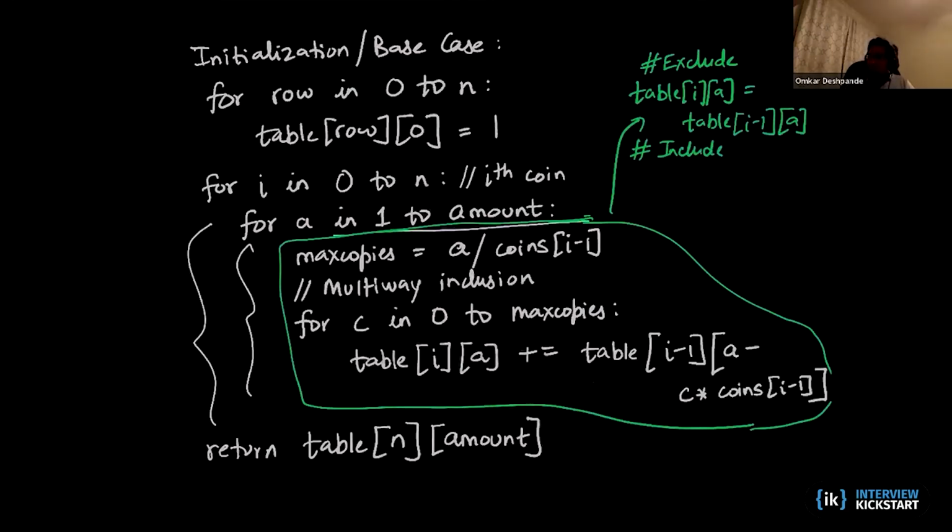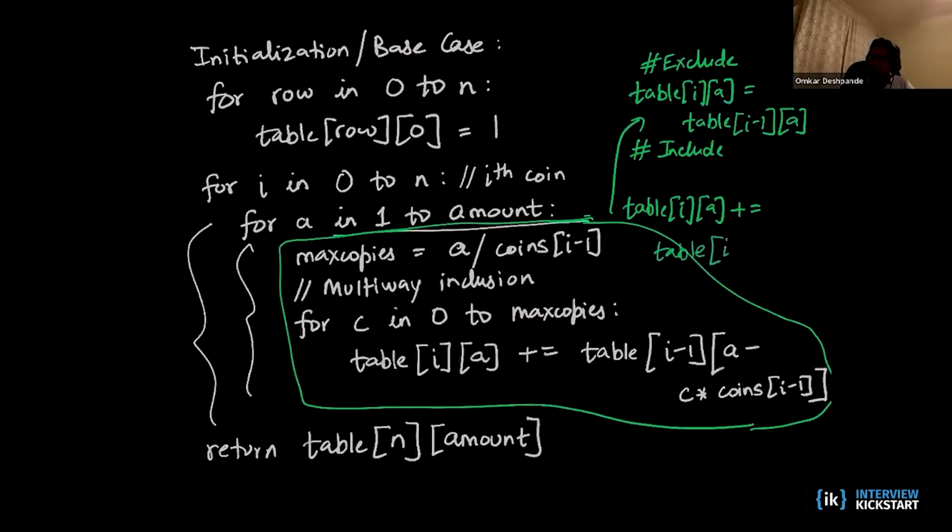So whatever the exclude count was, to that I'm going to add the include count, which is going to be, if I include one copy of that coin, the amount and the index, that is what I have to decide.